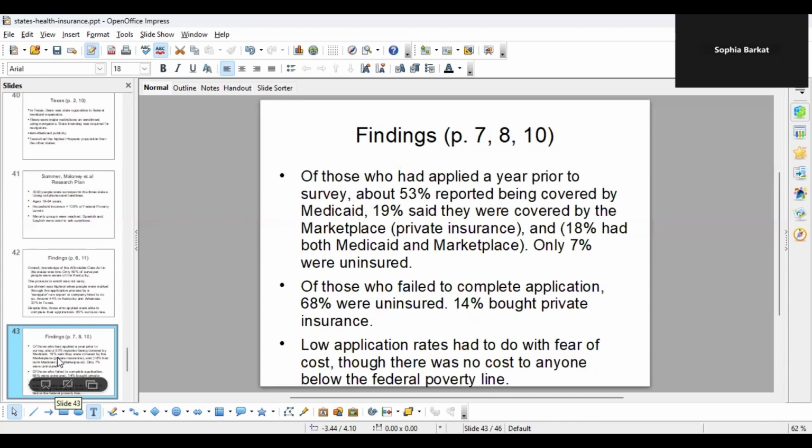Of those who failed to complete applications, however, 68% were uninsured and 14% bought private insurance. So there was still room for growth. Low application rates had to do with fear of cost, though there was no cost to anyone below the federal poverty line.